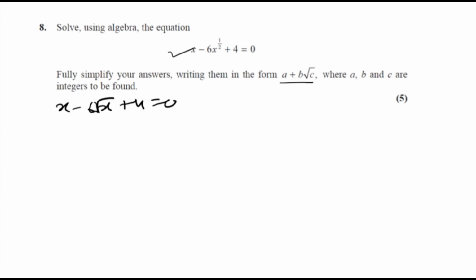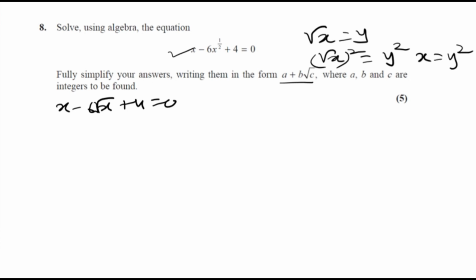Now it does not look like a quadratic expression, but we can convert it into a quadratic. So for that I am assuming root x is equal to y. So if I square both sides, that means I will get x is equal to y squared.